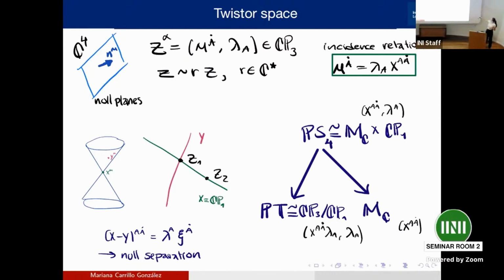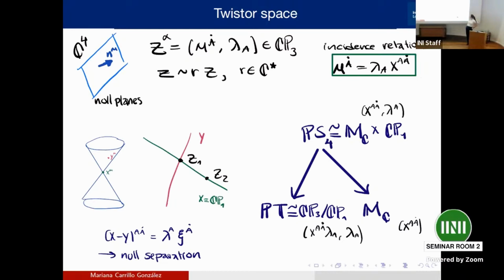That is what I'm showing you here. So basically, you have the projective spin space, which is complexified Minkowski times a CP1. And there's a double fibration that takes you to projective twistor space and to complexified Minkowski. So this is simply a projection to the x A A dot. Again, it's your x mu, your coordinate.